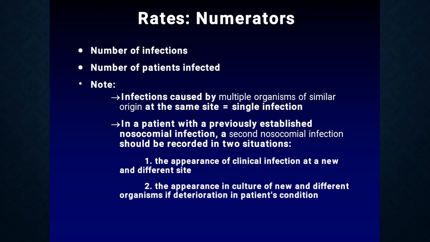However, in a patient with a previously established hospital-acquired infection, a second hospital-acquired infection should be recorded in two situations: the appearance of a clinical infection at a new and different site, and the appearance and culture of new and different organisms if deterioration in the patient's condition takes place. So, for the record, such a case would be considered as two infections, not one infection.